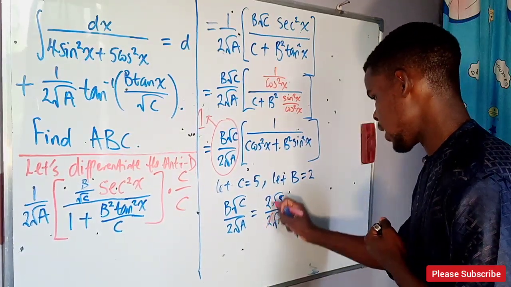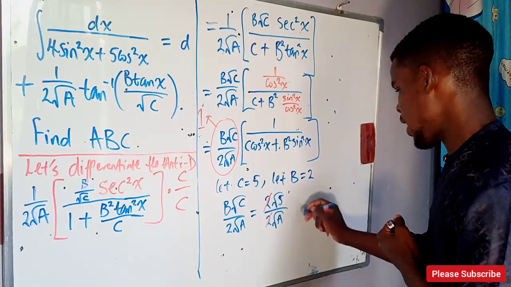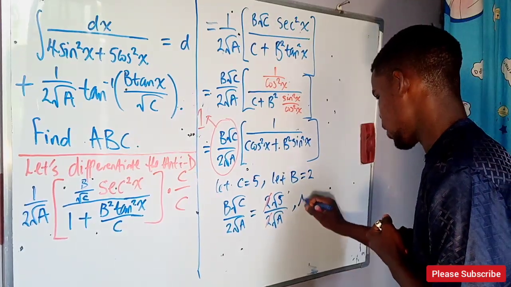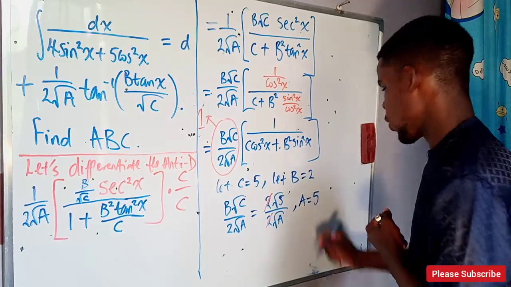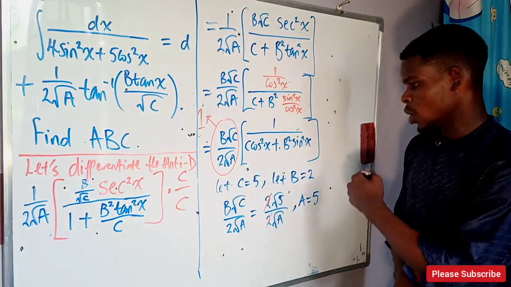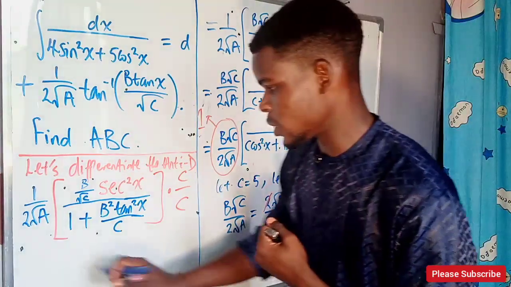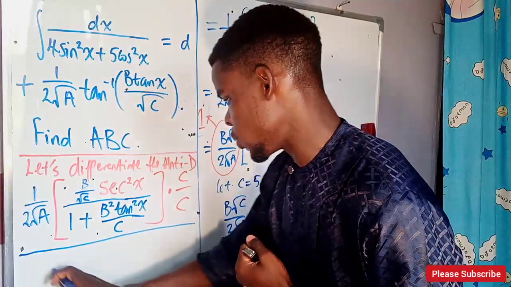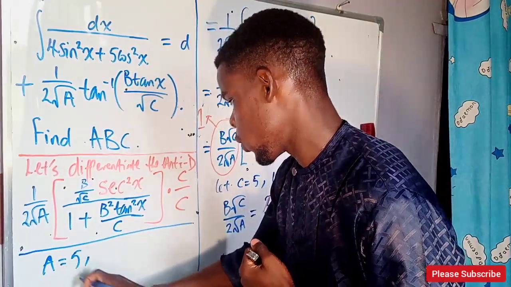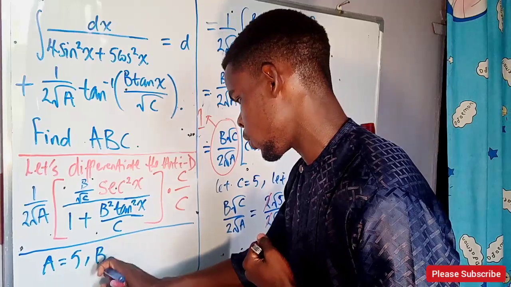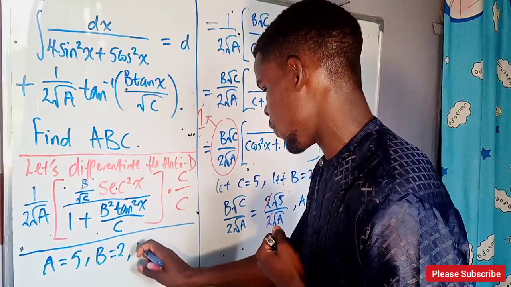So if we cancel this and that, that means that a has to be 5, in fact, for this to become 1. So that seems as if we have the constants we need: a to be 5, b to be 2, and c to be 5.